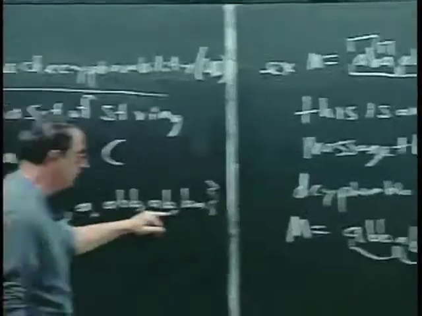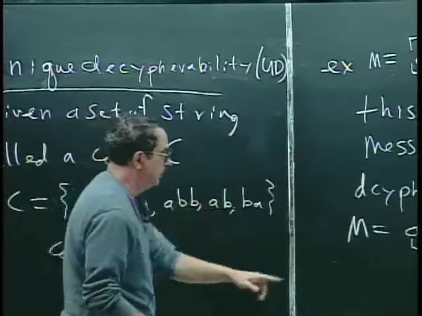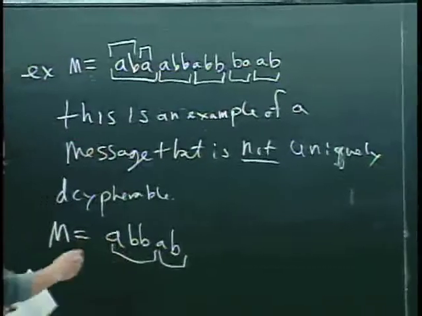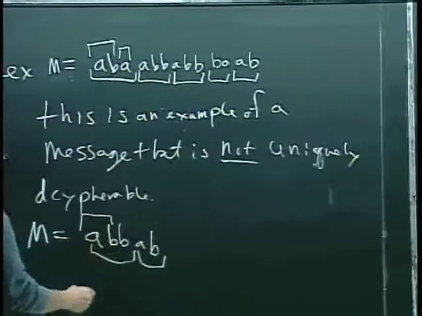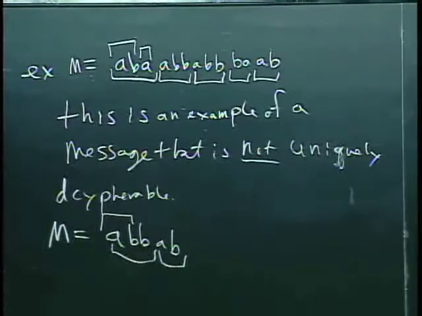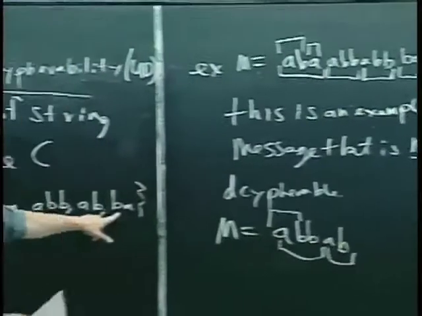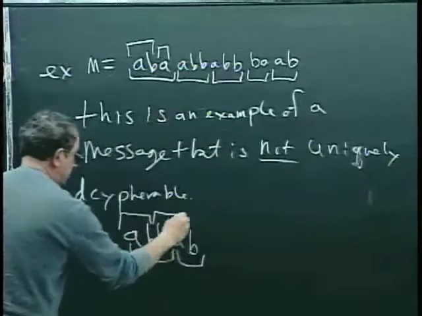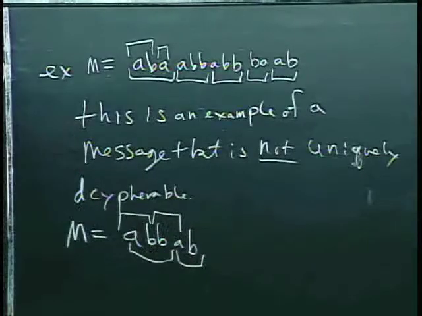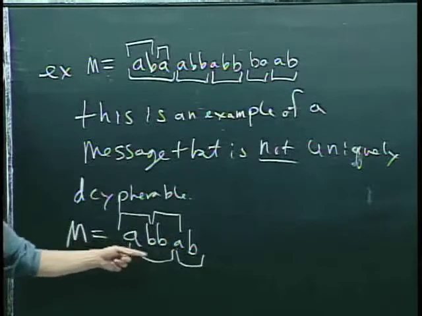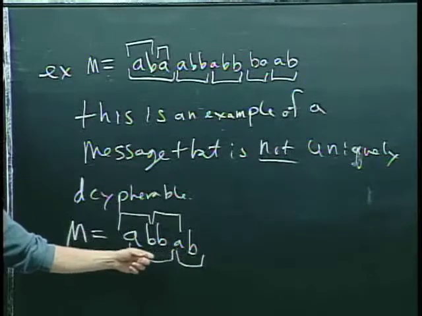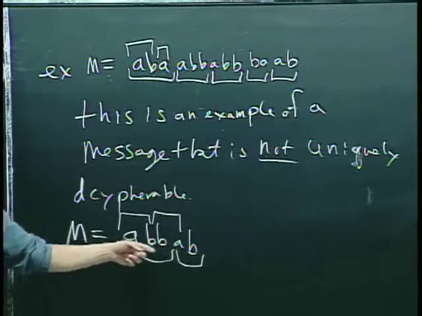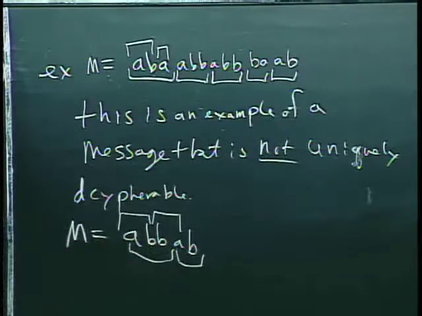A shorter code word is AB, so you could parse it AB, and then you have BAB. Well, there's a way of doing BA, but then you're stuck because there's no B. So it looks like the bottom parse is the only way of parsing this particular message. This is an example of a message that is uniquely decipherable.